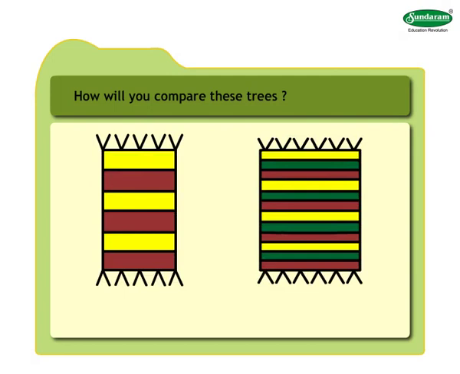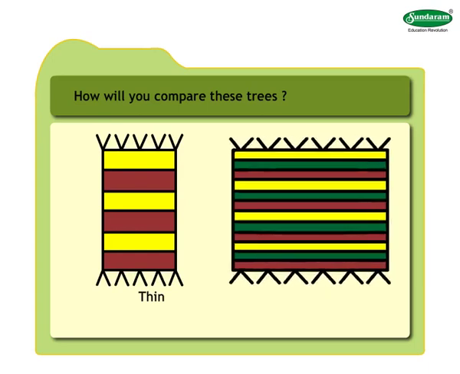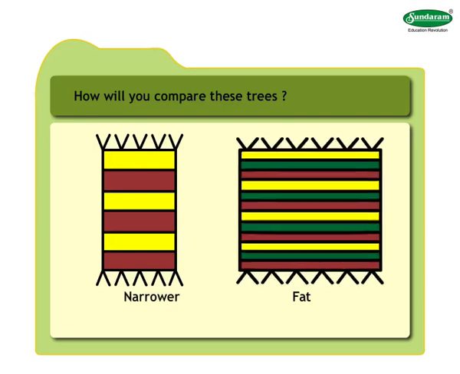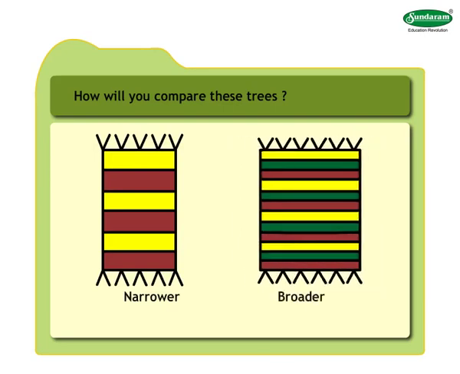You can see that one mat is as thin as you all are, whereas the other mat is as fat as me. But no, we cannot use the words thin and fat for mats or other objects. We can say one mat is narrower and other mat is broader. Let us put one dot below the narrower mat and two dots below the broader mat.